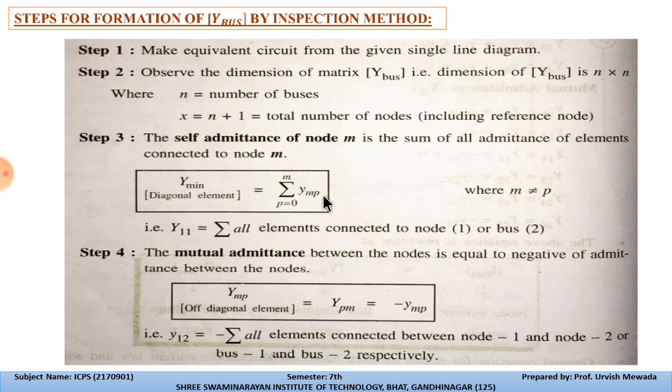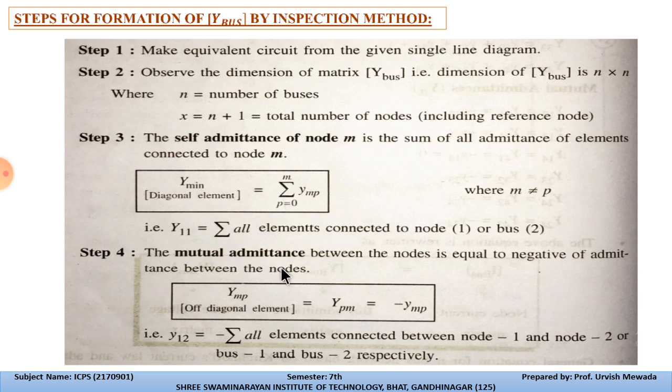So ymp, where m and p are not equal. y11 is the summation of all the elements connected to node 1. We derived in the diagonal matrix that y11 is equal to the addition of all the admittances which have links or connection at node number 1. So it is the summation of all the elements which are connected at node number 1.